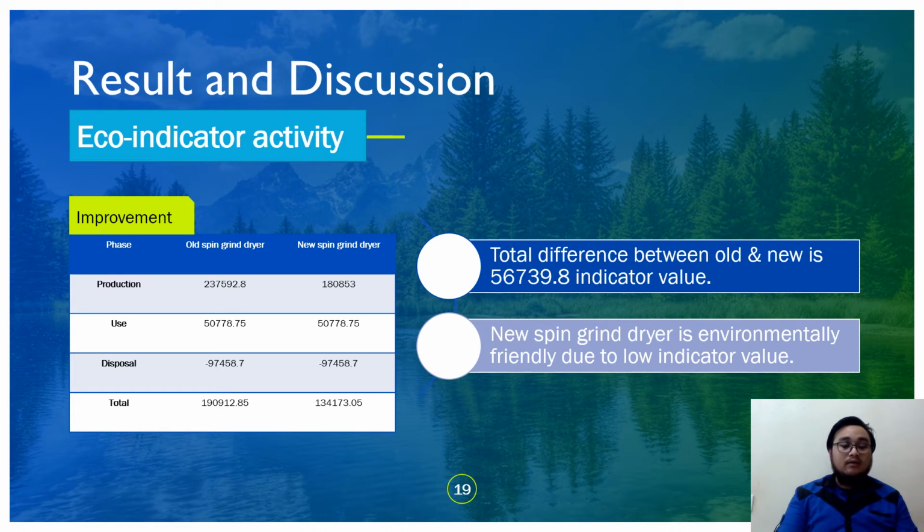After improvement, we can see that the production has a lower value than before evaluation. So the total difference between old and new is 56739.8 indicator value. The new spin grind dryer is environmentally friendly due to low indicator value.